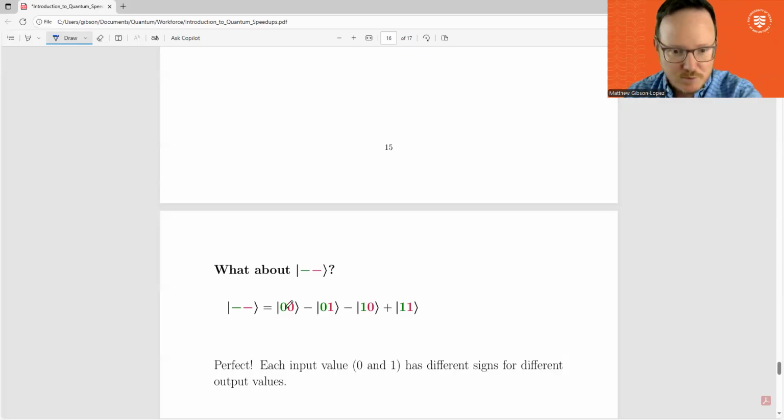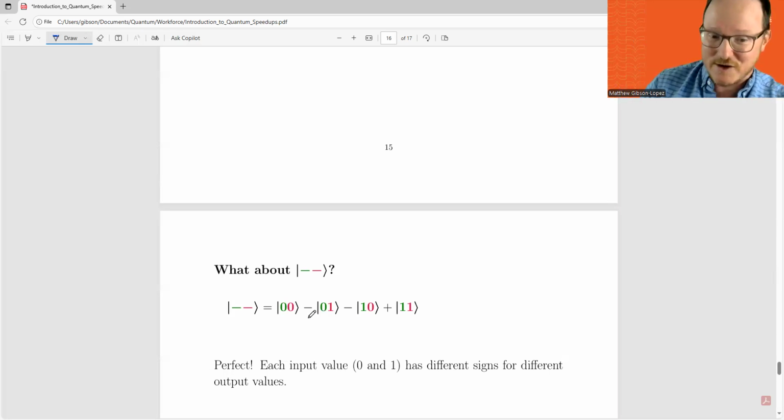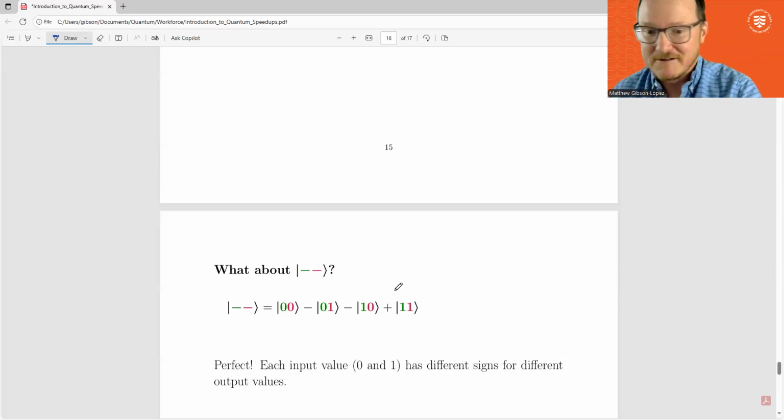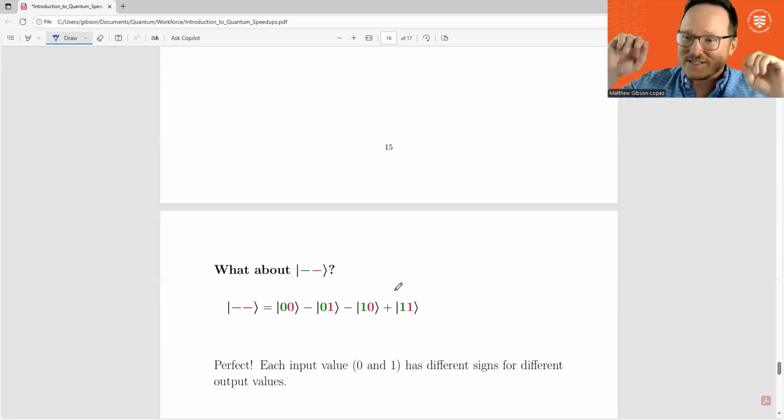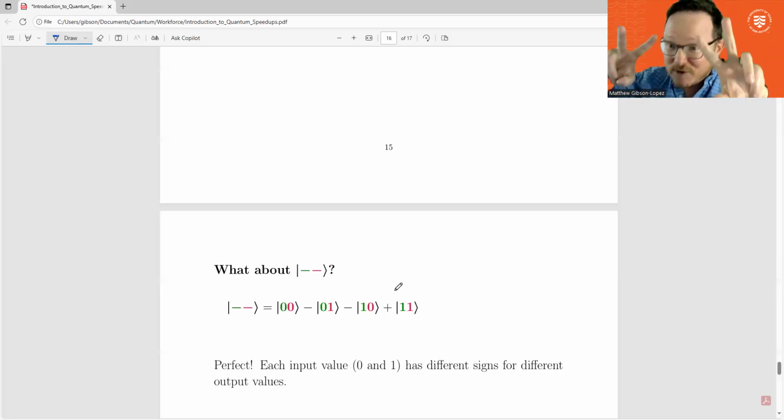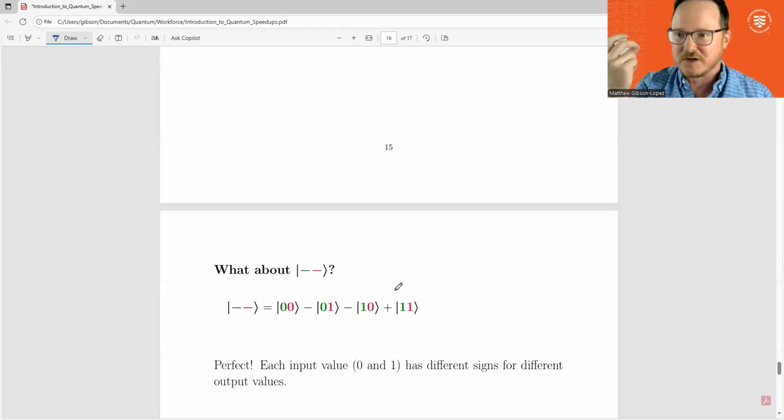Now these will be the signs: plus for 0, 0, minus for 0, 1. So those signs are different for that green qubit. And then minus for 1, 0, plus for 1, 1. Once again, these two signs are also different. They're kind of reversed from the zero case: plus 1, minus 1; now we have minus 1, plus 1. But actually, it works, because in this situation, if you evaluate the oracle and you flip, you're going to be flipping a minus 1 and a plus 1.